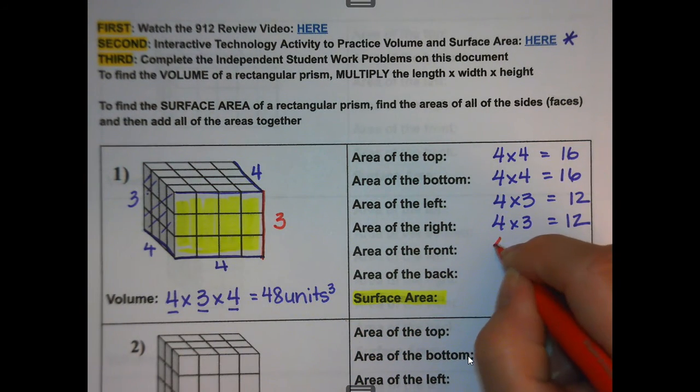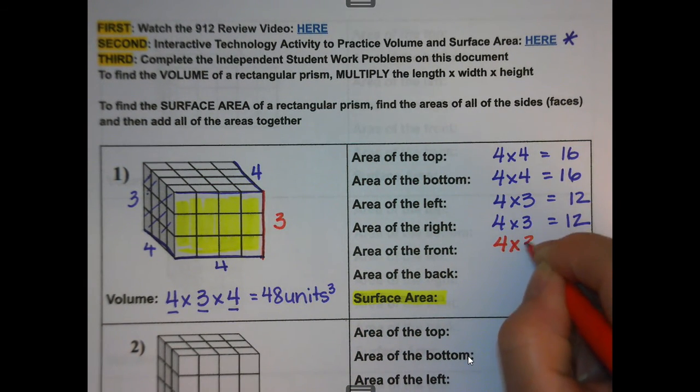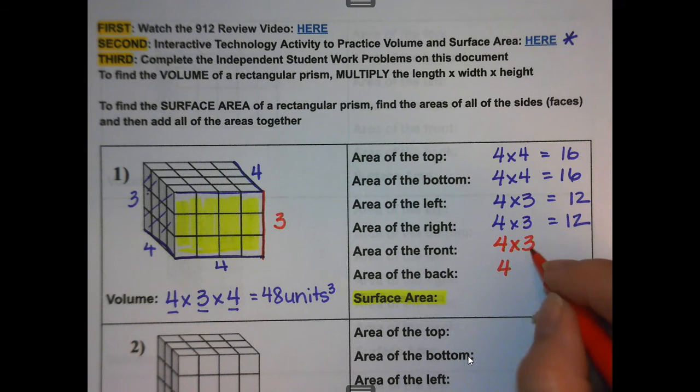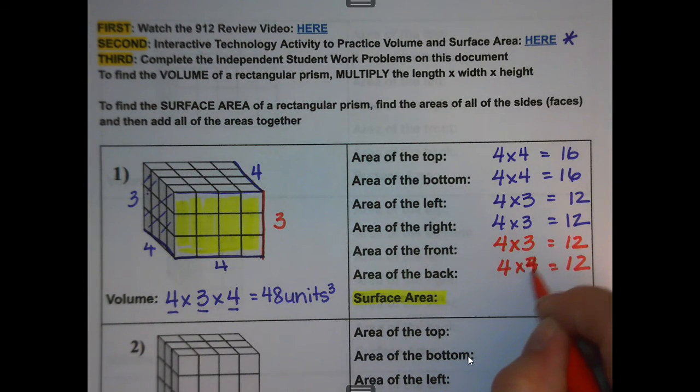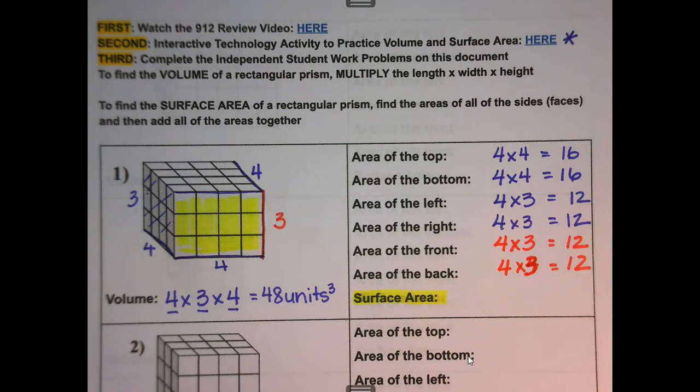Not all the time are we going to have situations where we have so many sides that are the same, but it just happens to have happened in this situation. I wrote those in a different color so I'd remind you that, even though we do have the same areas for the sides, we're talking about fronts and backs versus rights and lefts.